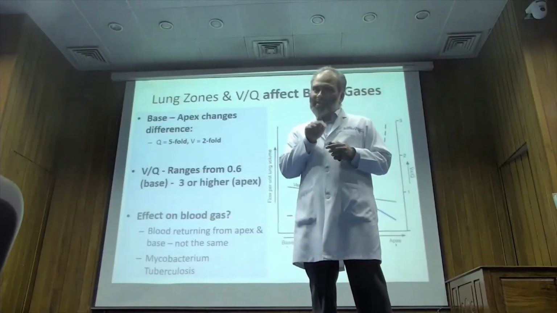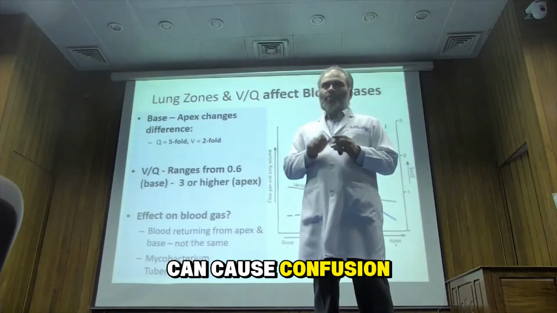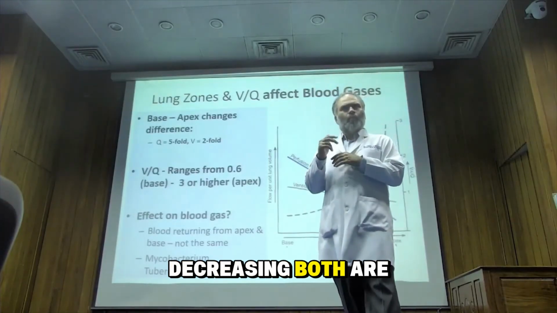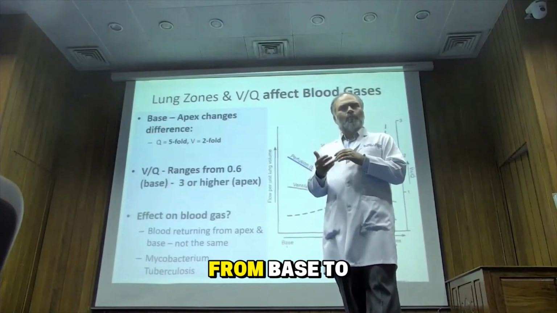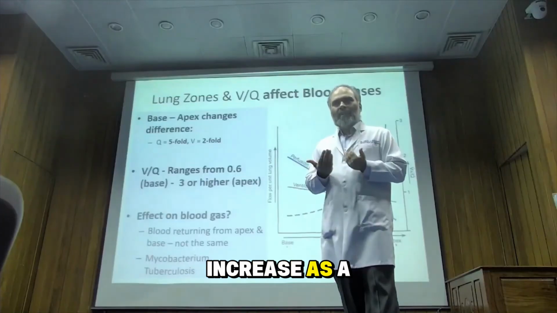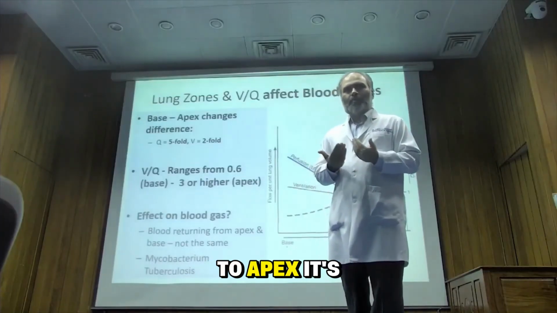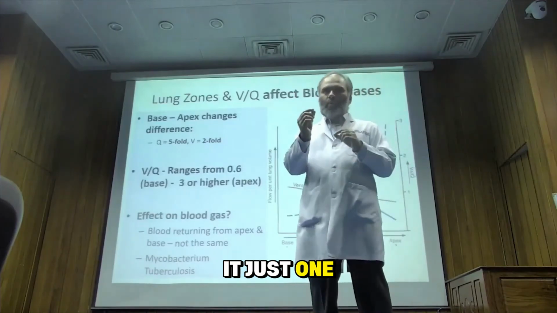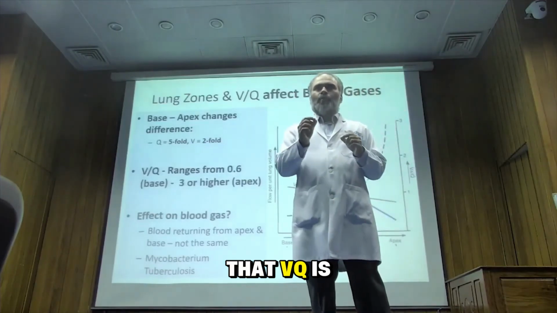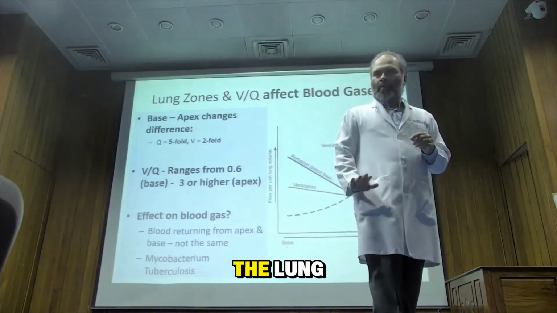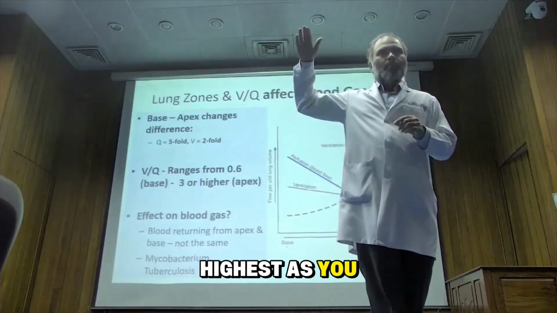This point can cause confusion when you study on your own: both are decreasing as you go from base to apex, so why does V over Q increase as a ratio? It's mathematics. I just wanted to say one more time that V over Q is lowest in the lower areas of the lung and highest as you go up.